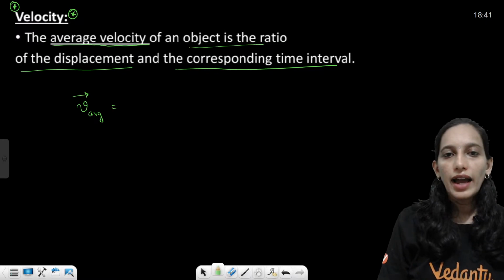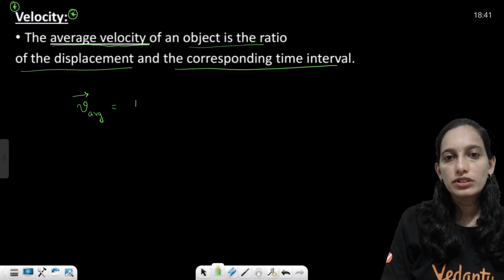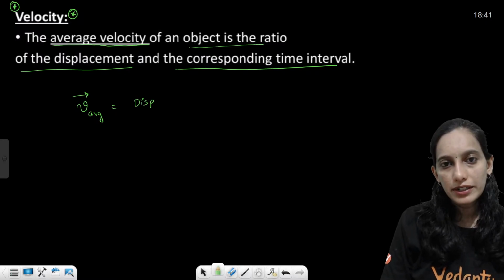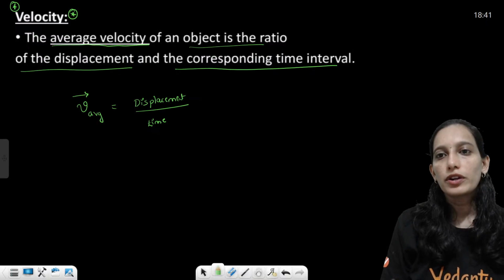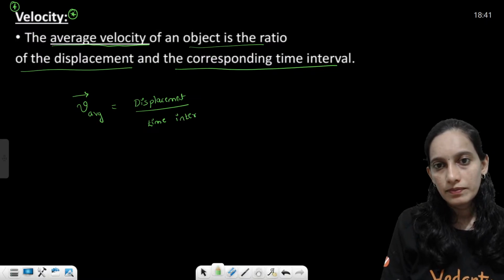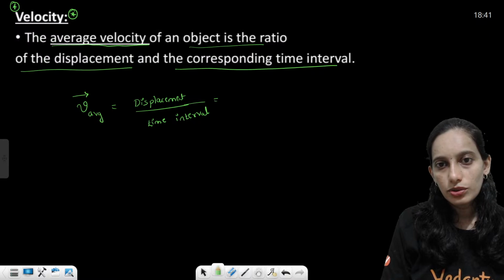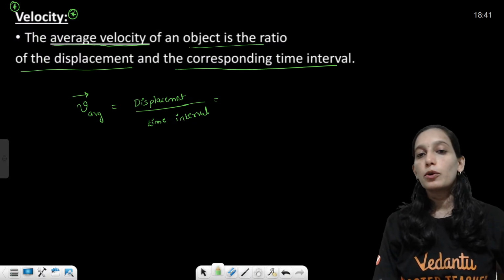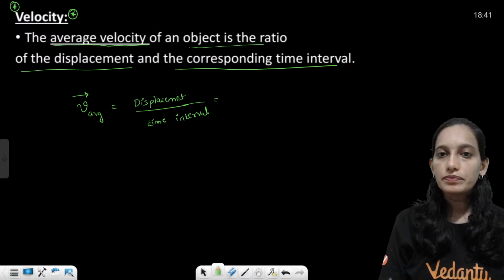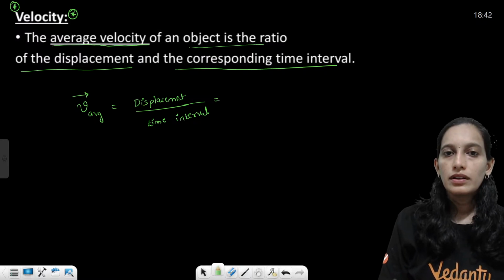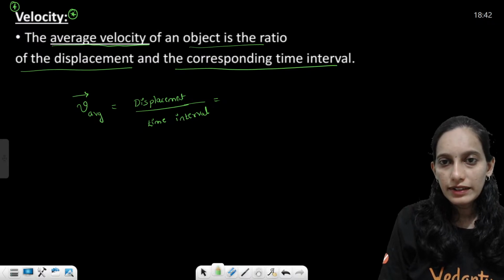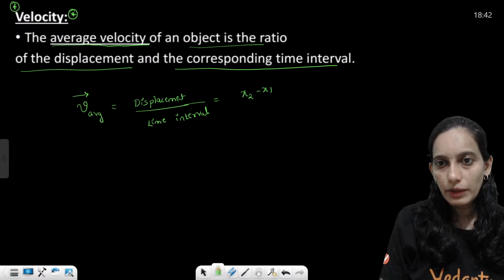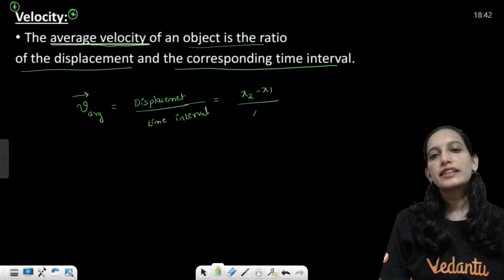So how can we define average velocity here? This is total displacement by the corresponding time interval. Displacement, we know, is x2 minus x1, divided by the time interval delta t.